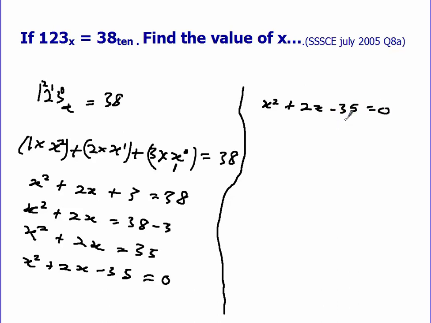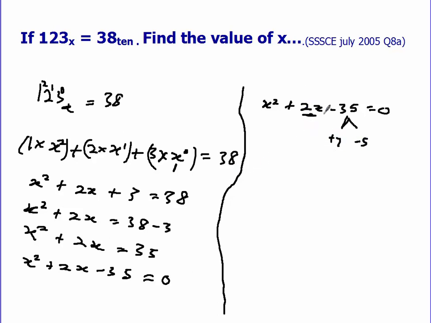I'm going to look for two factors of 35 such that when I add them up, I'll get this value, that's 2. And when I multiply them, I'll get negative 35. Therefore, I have positive 7 and negative 5. If I multiply these values, I'll get negative 35. If I add them up, I'll get positive 2.